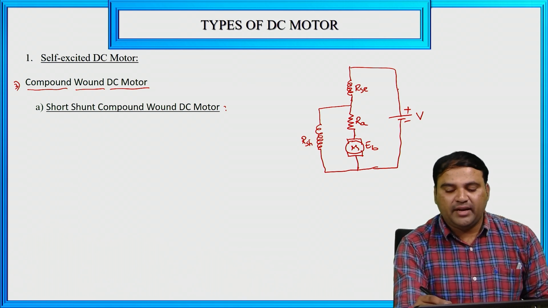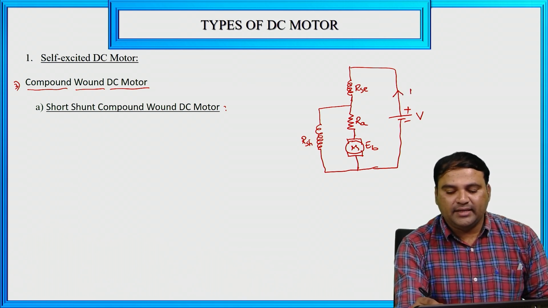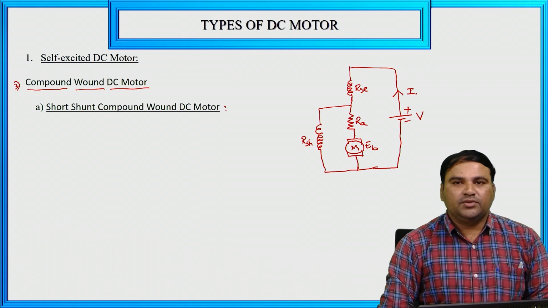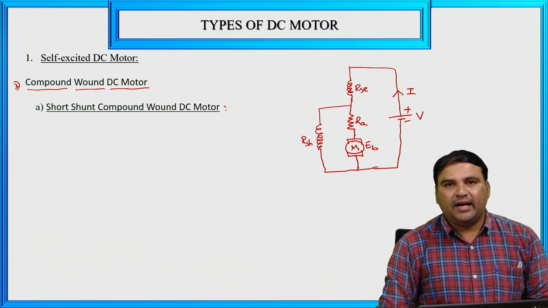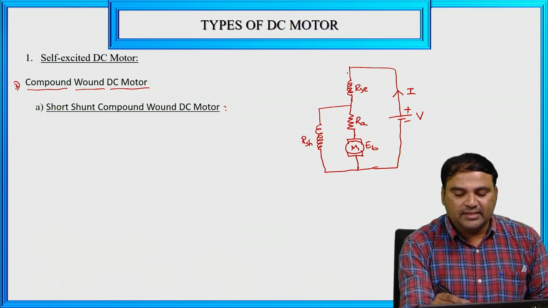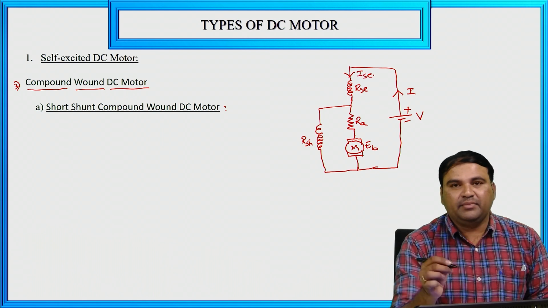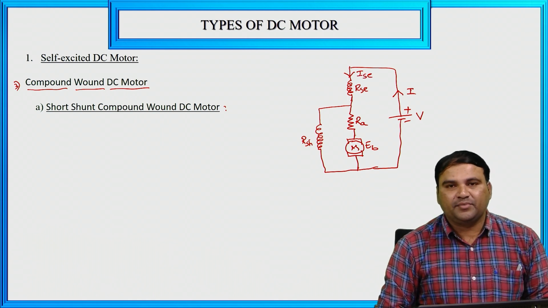From the source we have the total current, that is I. The total current of the circuit is I, and the current through this RSC I am taking as ISC, meaning the series field current.